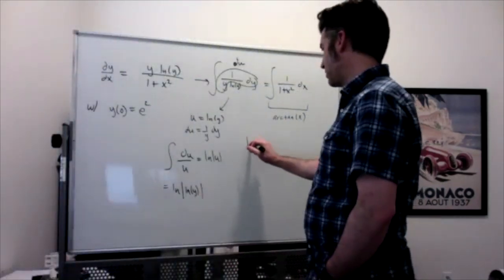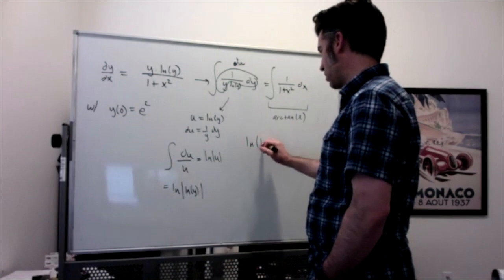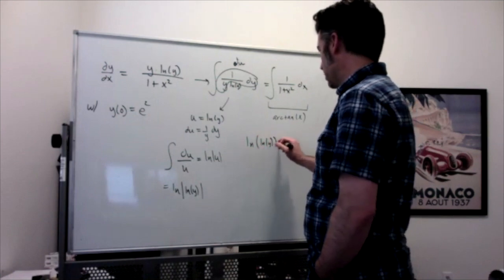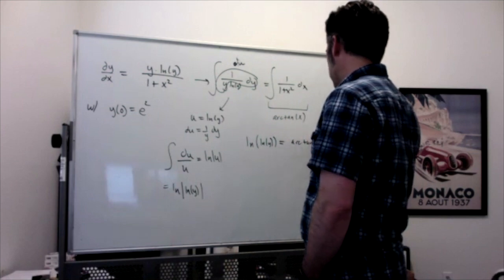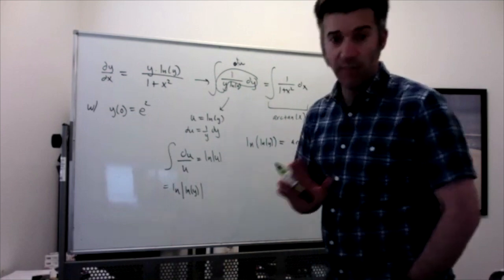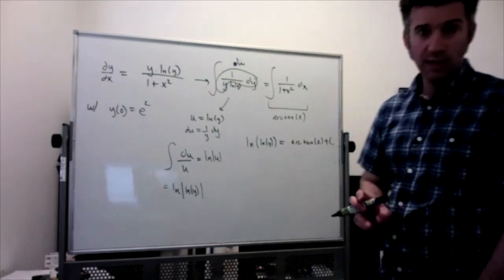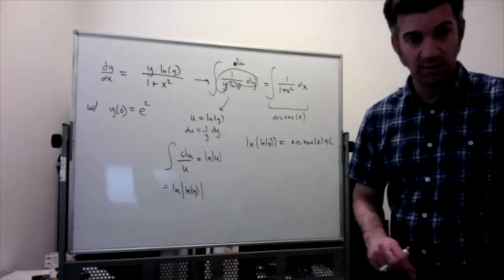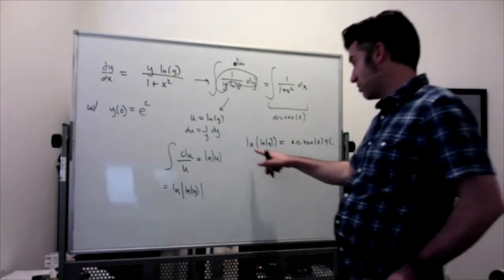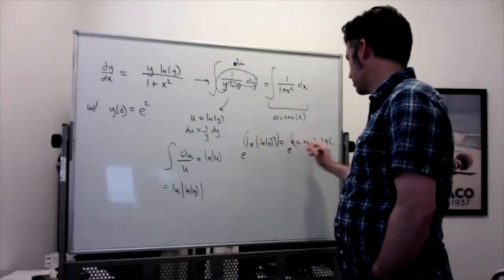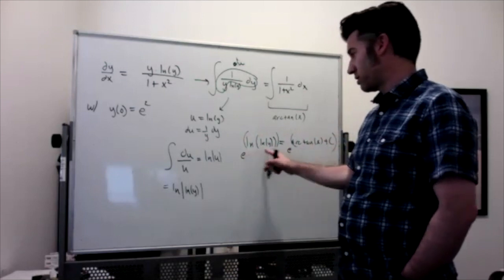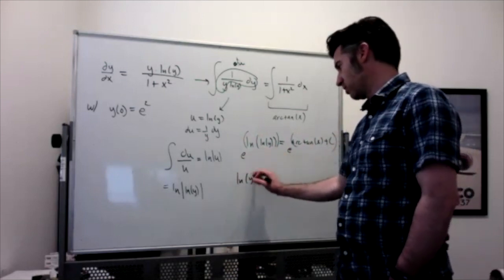We have that the natural log of the natural log of y is equal to the arc tangent of x plus c. I did drop the absolute value. That was on purpose because I know it's going to work out fine in the end. So I'm going to exponentiate both sides. So e to the natural log of some stuff is the natural log of y, right?